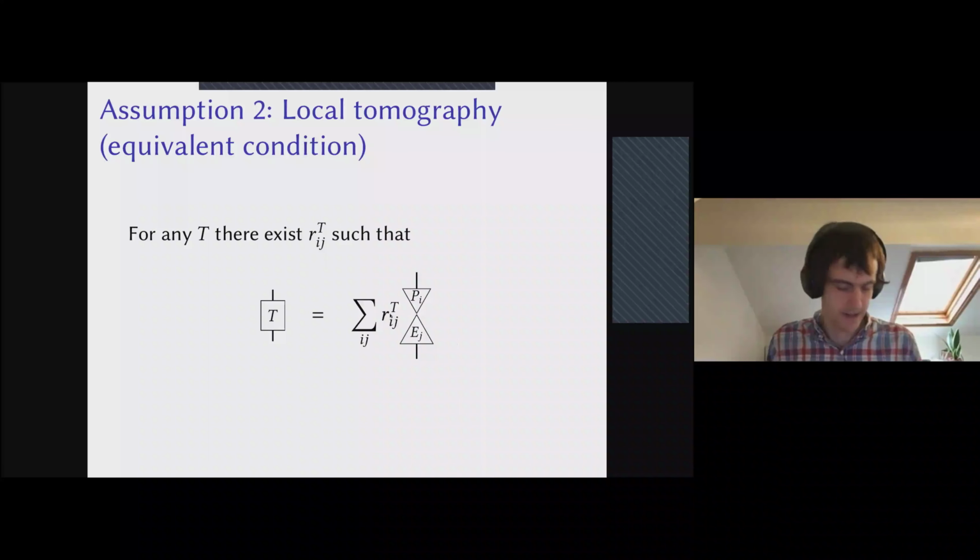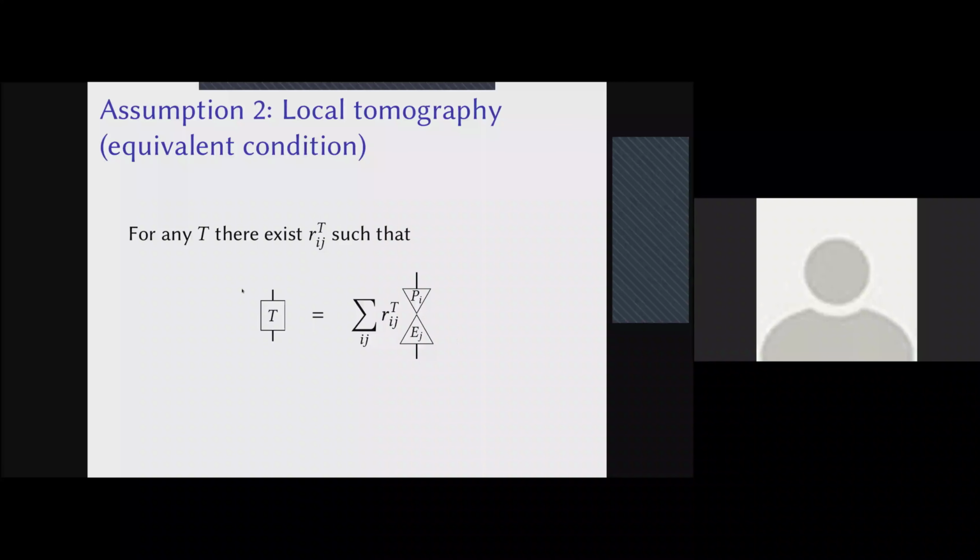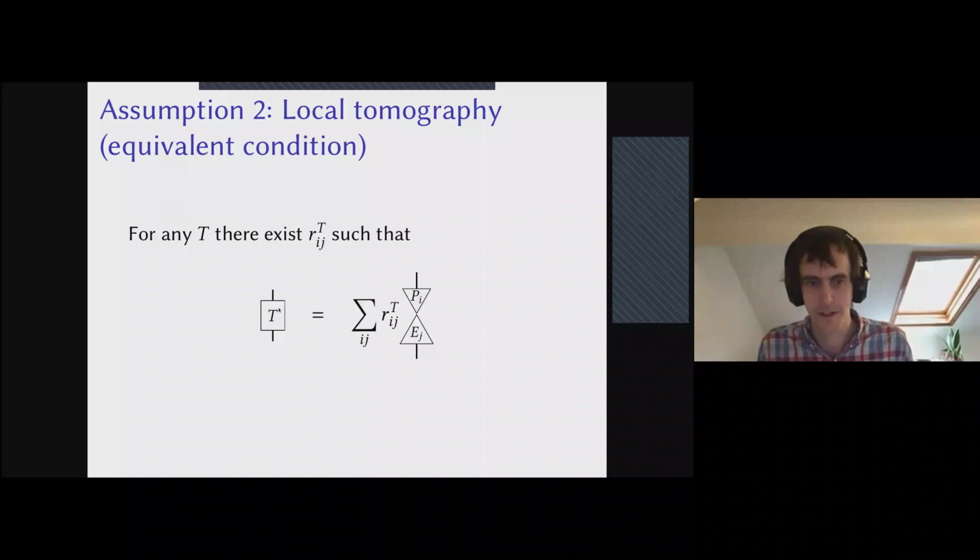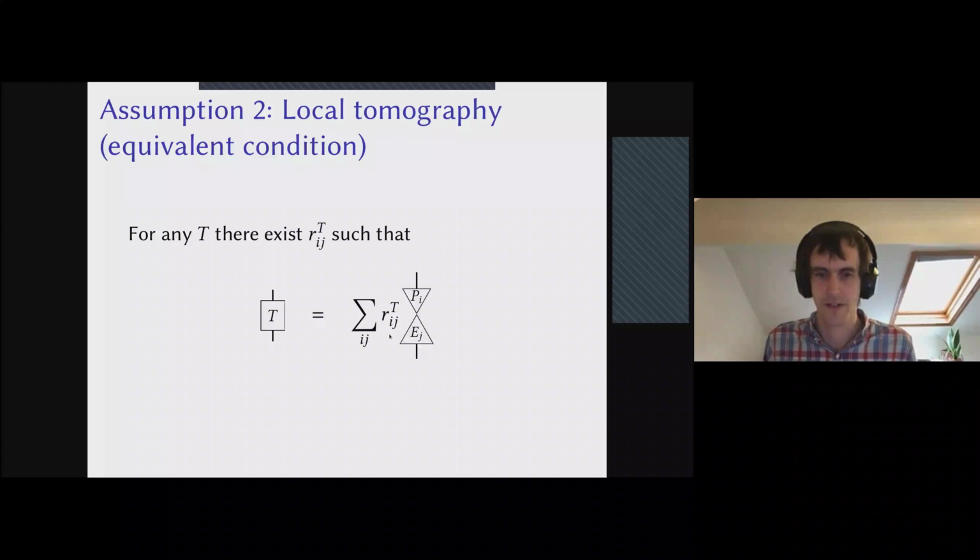So this might look a little bit weird, but if you're used to the Choi-Jamiołkowski isomorphism in quantum theory, then this is equivalent to the statement that any bipartite state in quantum theory can be written as a linear combination of product states. Okay? They can't be written as a convex combination, but they can be written as a linear combination. So these R_ij's don't have to be positive numbers.